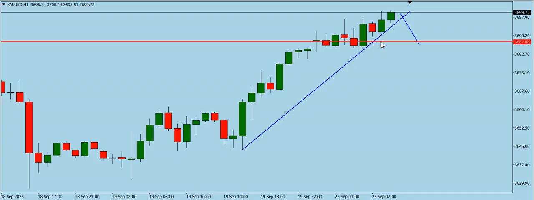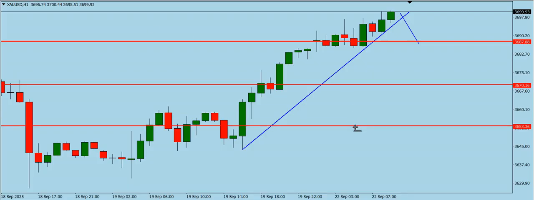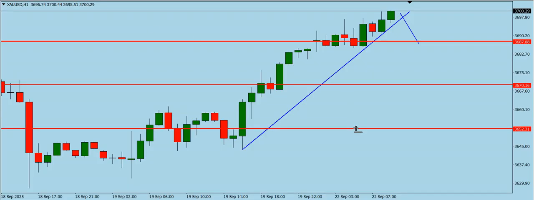We might see price drop to the 3687 level, and beyond that to the 3670 level, and the supposedly final stop, at 3652, where buyers are stationed. Any other thing apart from this, we expect price to continue to go up.